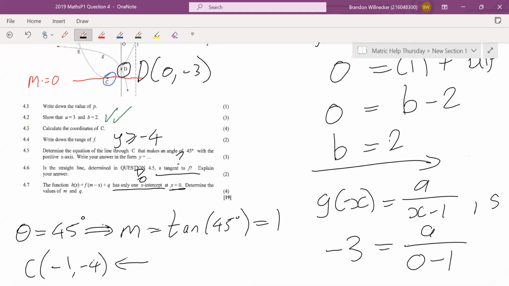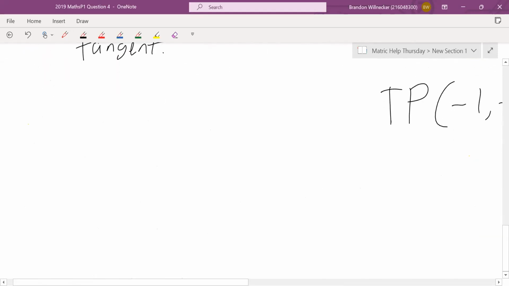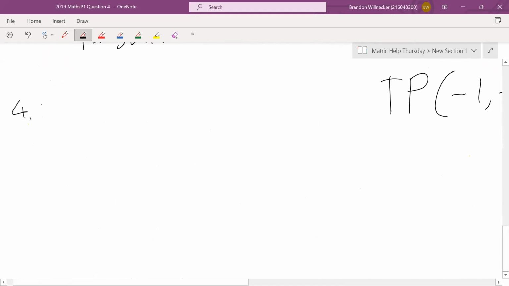Determine the values of m and q. So what are these shifts? Let's start off with h and work out what those things should be. So 4.7. We know that h of x is equal to f of m minus x plus q.